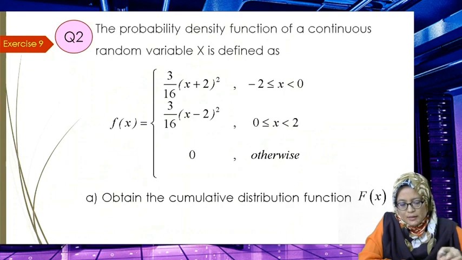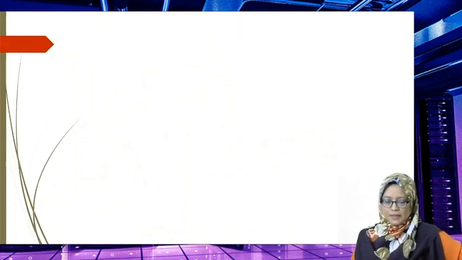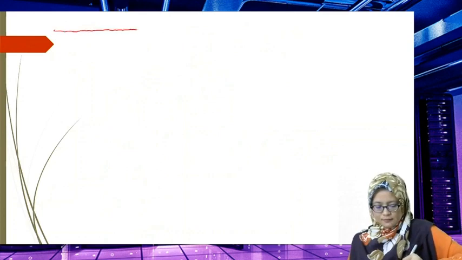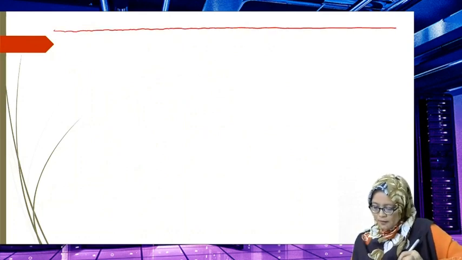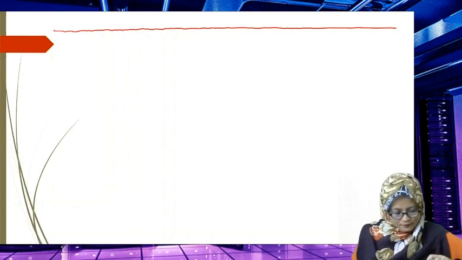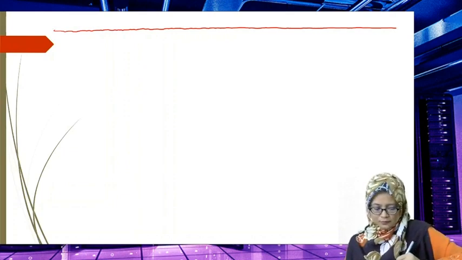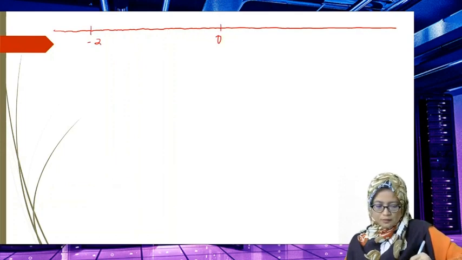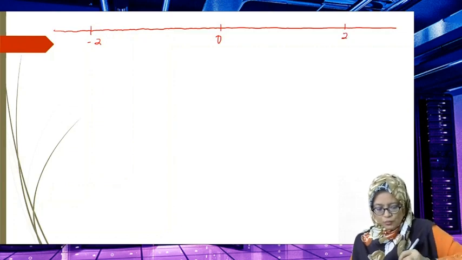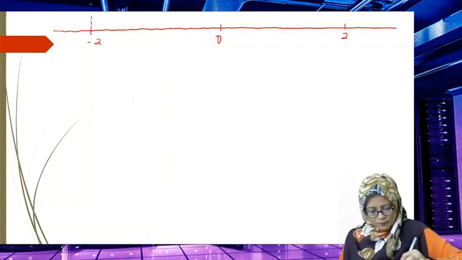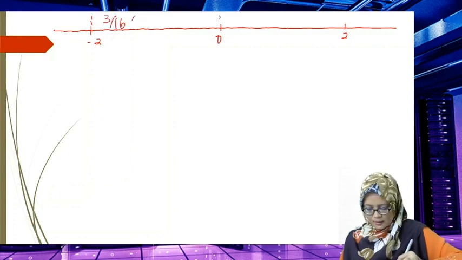Okay, so same as before, we will create our intervals. Okay, we have the values negative 2, 0, 2. So for negative 2 to 0, the function is 3 over 16 x plus 2 square.